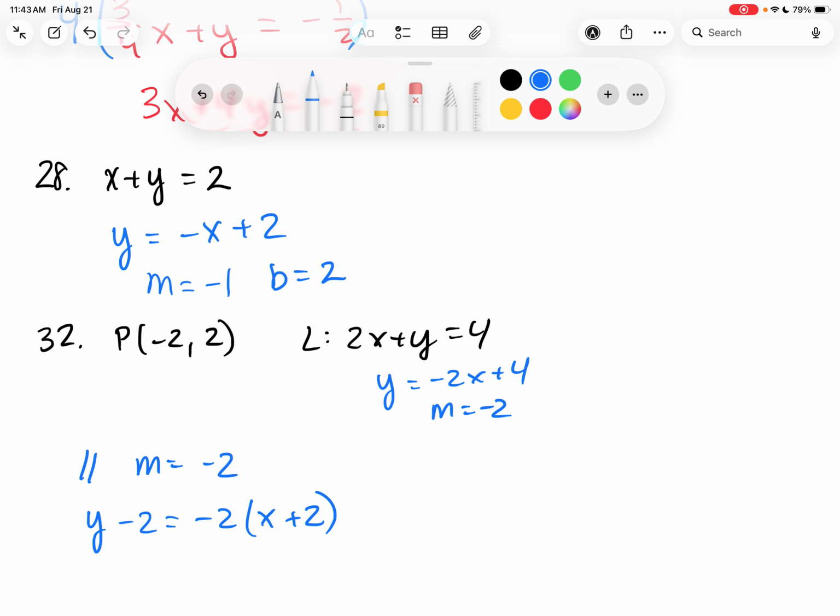Up to you. I'm just going to leave it there for the sake of time. Perpendicular slope would be what? Positive 1/2. Yep, positive 1/2. So then we've got y minus 2 equals 1/2 times x plus 2. And again, I just leave it there.